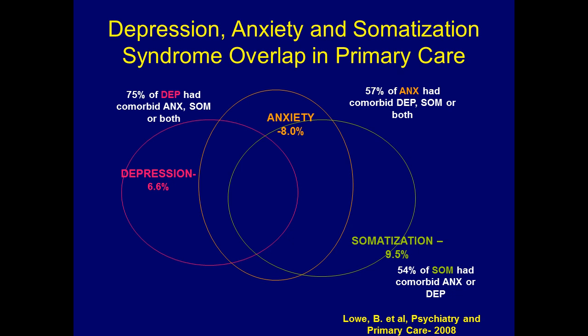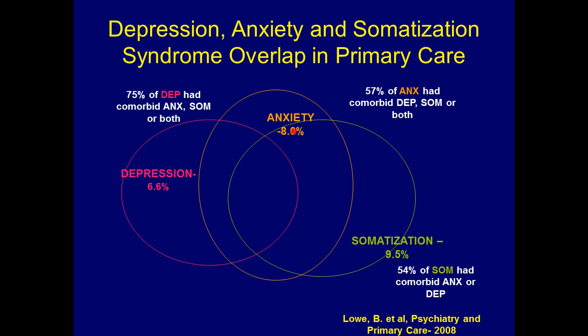And this is a study by Lowe and his colleagues in primary care. And this is particularly true in primary care, where you have more of the somatization component. So basically, you can see that while the prevalence rate of depression was 6.6%, 75% of those individuals had comorbid anxiety and somatization diagnoses, or both.